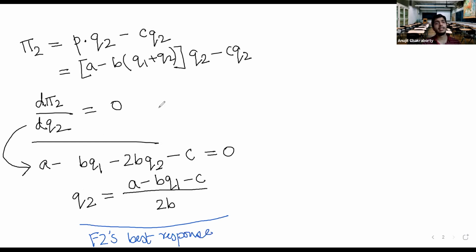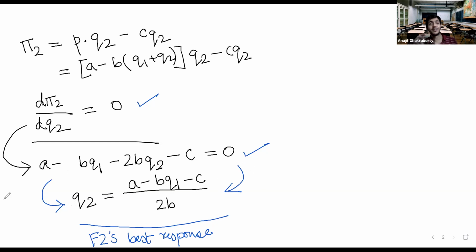And all we have done is take the derivative of firm 2's profit, right? We got this equation, and then we have done the math here. All we have done is change sides and write down Q2 as a function of everything else. That's all we've done. And again, try and do the math. Try and get from here all the way to here. It's going to be extremely useful for you on the exam and also the next assignment. So you want to do this on your own.